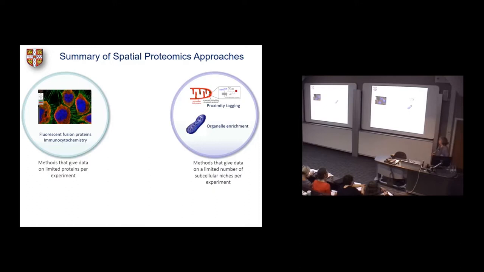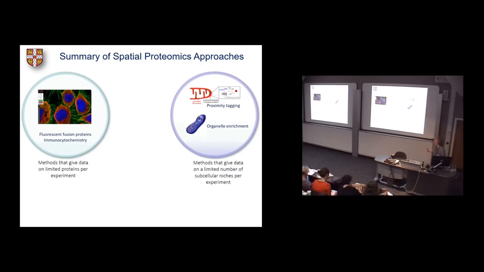So here you can direct enzymes that will produce activated biotin when they get to the part of the cell that you're interested in. That activated biotin will then biotinylate any protein nearby, and then those proteins can be extracted using streptavidin, and then mass spectrometry will tell you what the proteins are that are present.